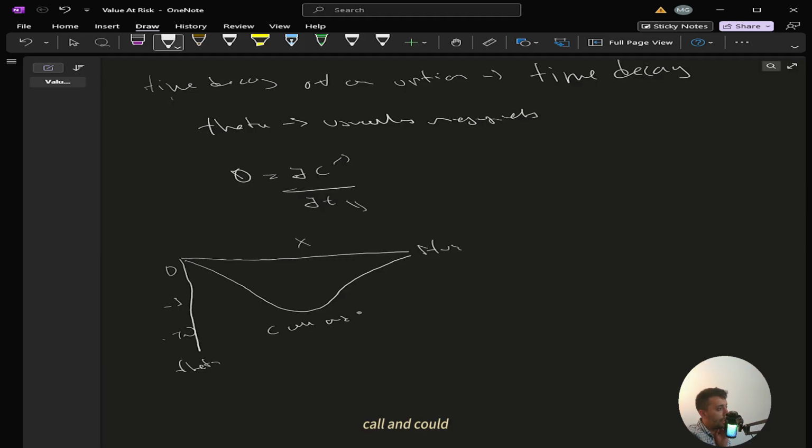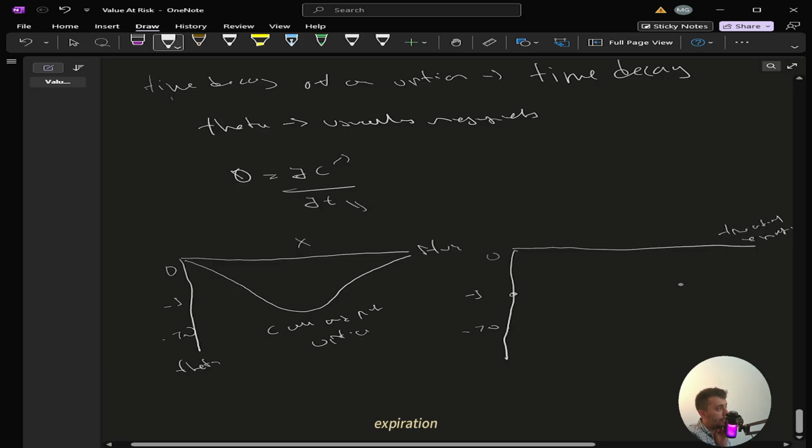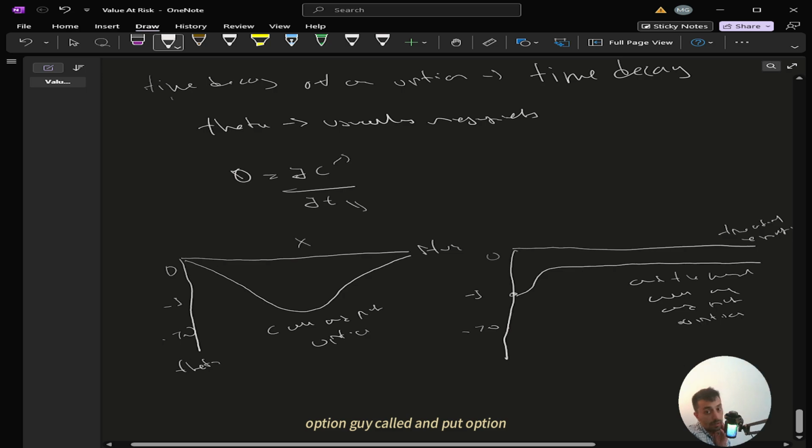Call and put option here, and then 0 time until expiration. This is the at the money call and put option.